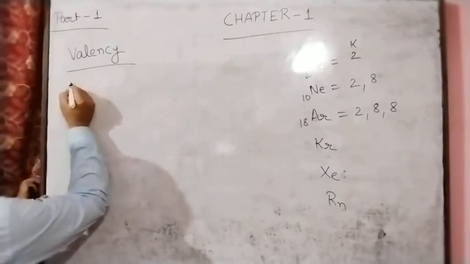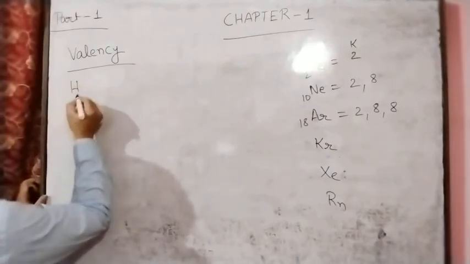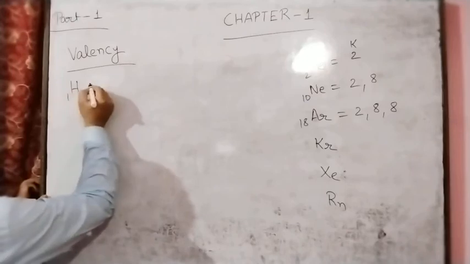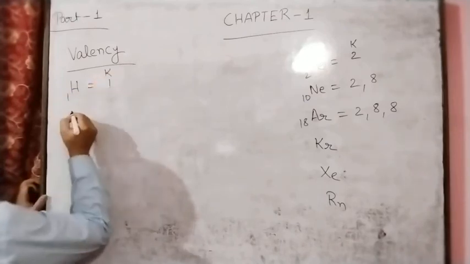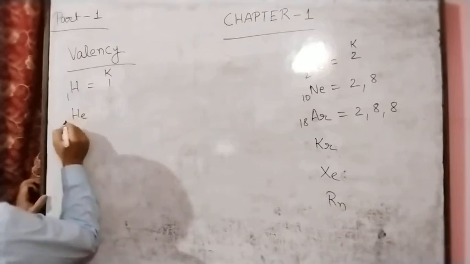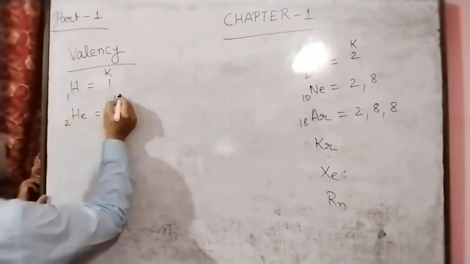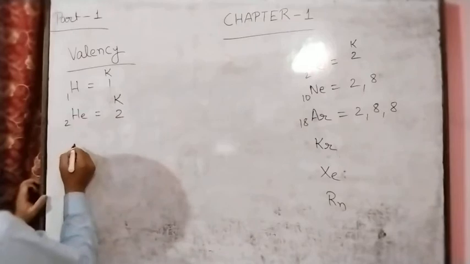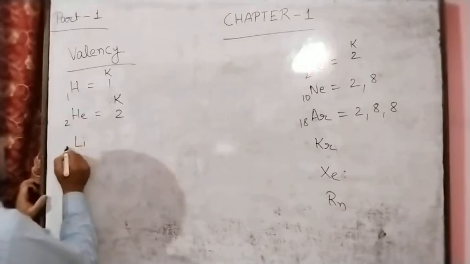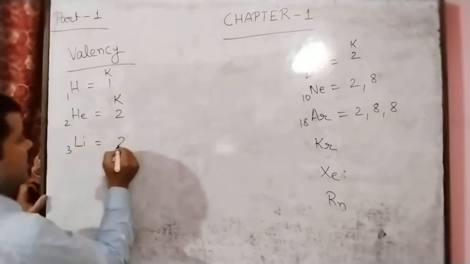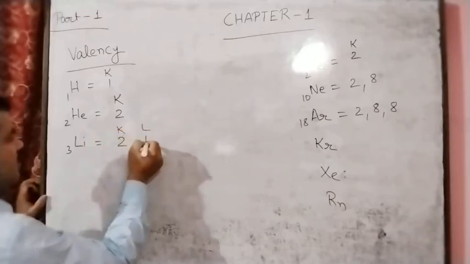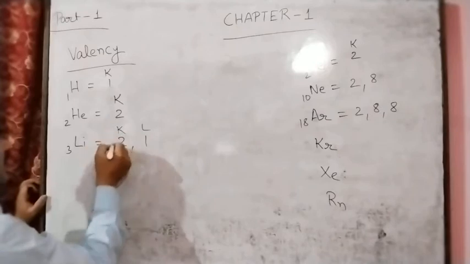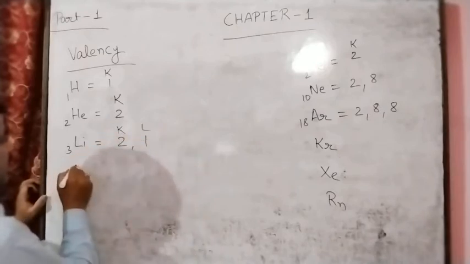So in this way, if you take hydrogen, atomic number 1 means the number of electrons is 1, in the K shell only 1 electron. Helium, atomic number 2, has 2 electrons in the K shell. Then lithium, atomic number 3, is 2, 1: 2 electrons in the K shell, 1 electron in the L shell.